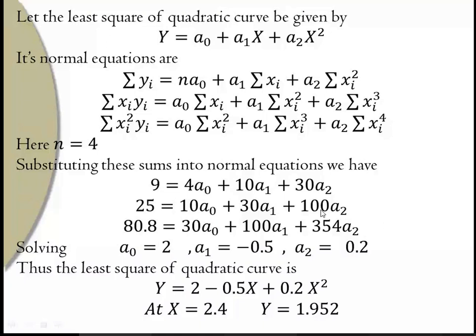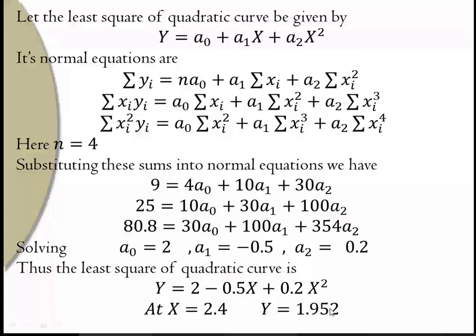Three equations in three unknowns will be quite difficult to ask because it will take some time. So solving three equations in three unknowns will not be asked. But what the normal equations are may be asked in a multiple choice question. So if you remember these three equations, you can easily solve the problem. Or we are given a quadratic curve, the value of x is given, and we are asked the value of y.